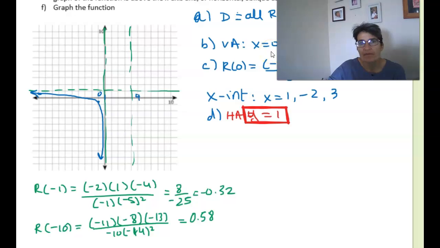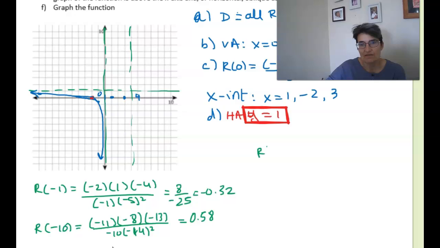All right, we have some x-intercepts which I forgot to put in. So there's an x-intercept at x equals -2. All right, so the function must have gone through there. We also have x-intercepts at x equals 1 and x equals 3. All right, let's pick x equals 2 to see what's happening to the function there.